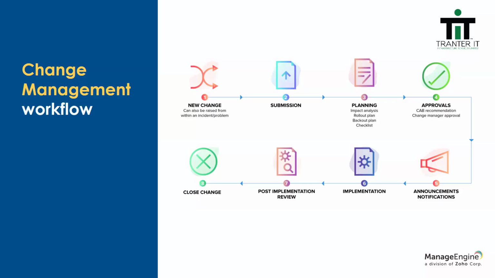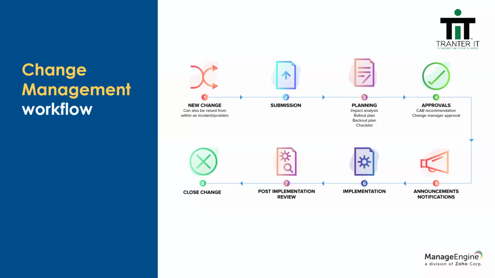They also have a space on ManageEngine ServiceDesk Plus, whereby they have the privilege to approve, decline, or ask for more information if not clear. Then an announcement or notifications can be sent out before the rollout plan, before the implementation, then a post-implementation review, and the change is closed.